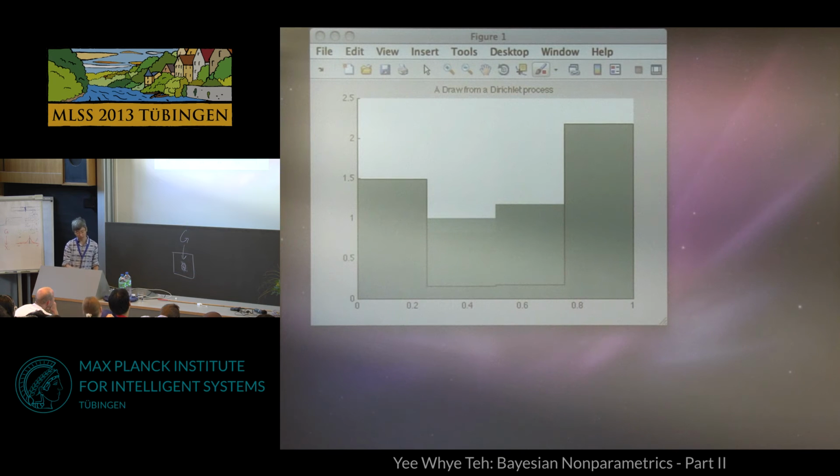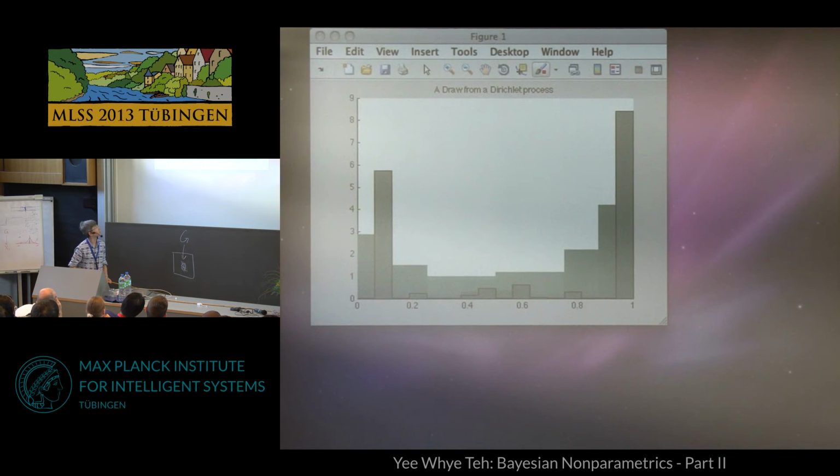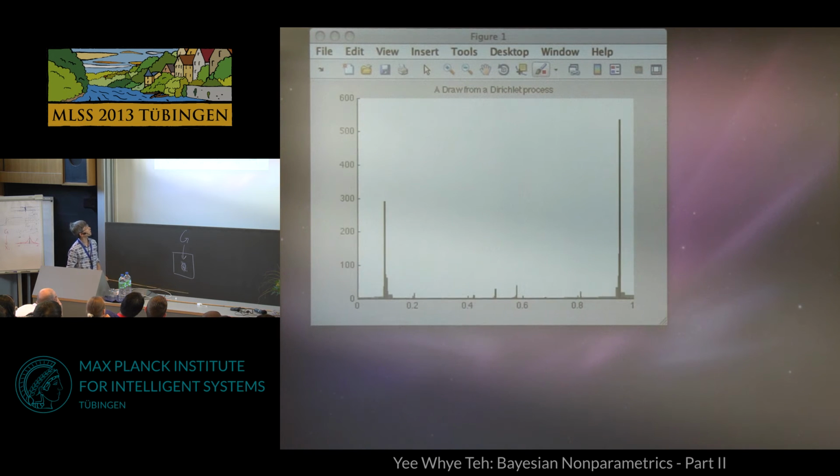You can keep on refining the partition of this space into finer and finer intervals, and ask what's the probability of each interval under the Dirichlet process. What you find is that as the intervals get finer and finer, you get a draw from the Dirichlet process which looks atomic.